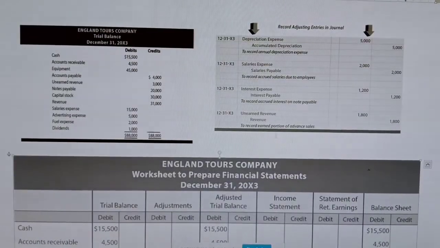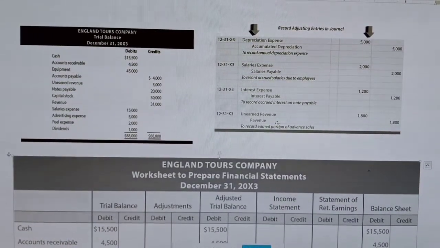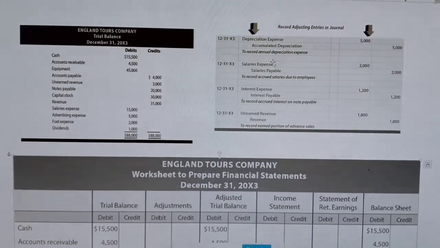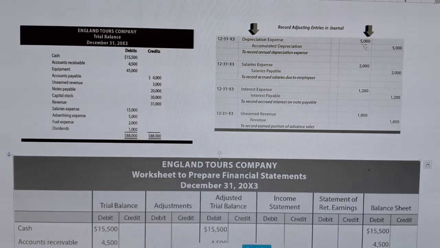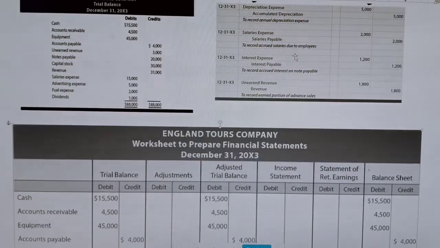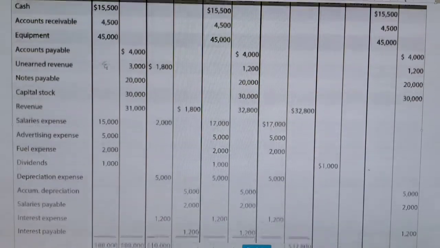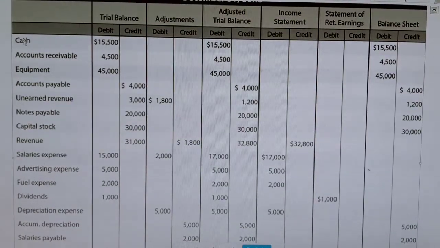Okay? So, ayan. Ayan. So, katulad po dito sa number 1 natin, meron tayong adjustment data dito, 4 na adjustment data. So, yung number 1 natin is depreciation expense, 5,000, credit accumulated depreciation, 5,000. So, to record annual depreciation expense. Okay? So, yan. I-entry natin yung depreciation expense. Kung papansinin nyo po, wala tayong depreciation expense dito sa original accounts natin from cash to dividends.